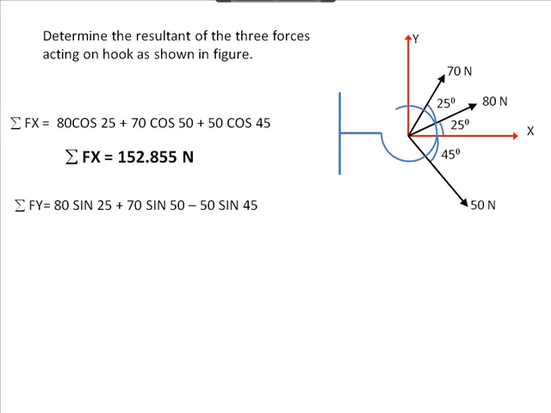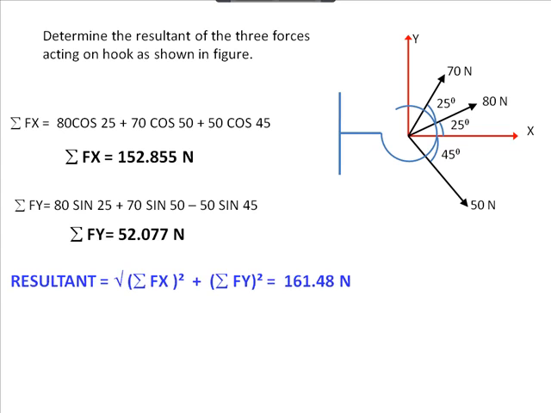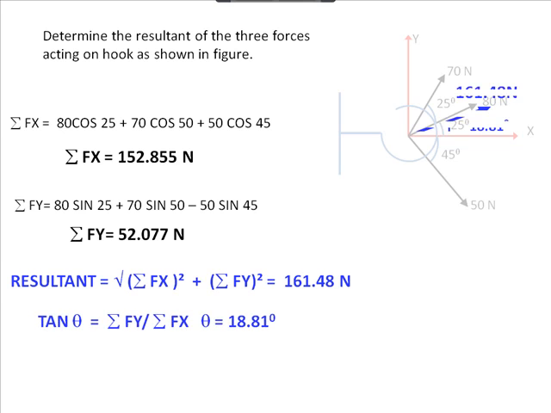Find sigma fx, sigma fy, square them, add them, take under root, find the angle, and like before, show it on the figure. Answer is 161.48 Newton at 18.81 degree with x-axis in the first quadrant, and the reason for it being in first quadrant is sigma fx and sigma fy both are positive.